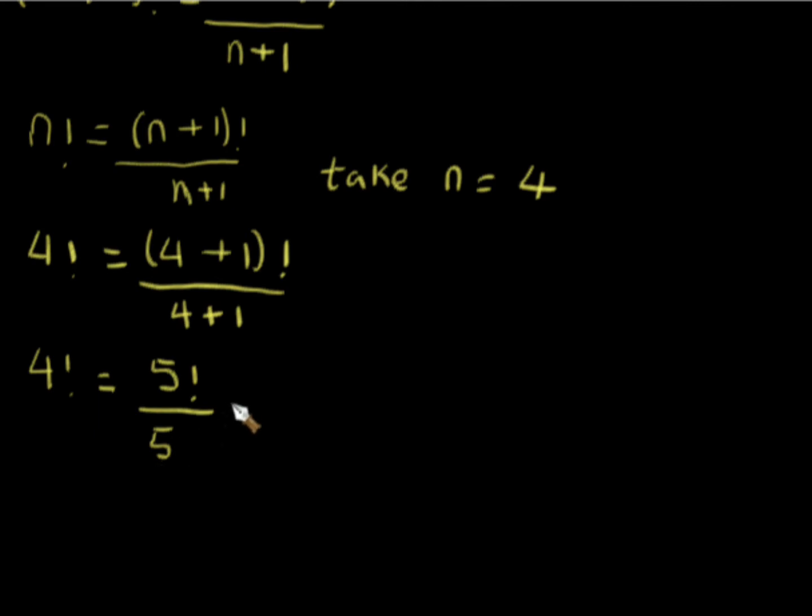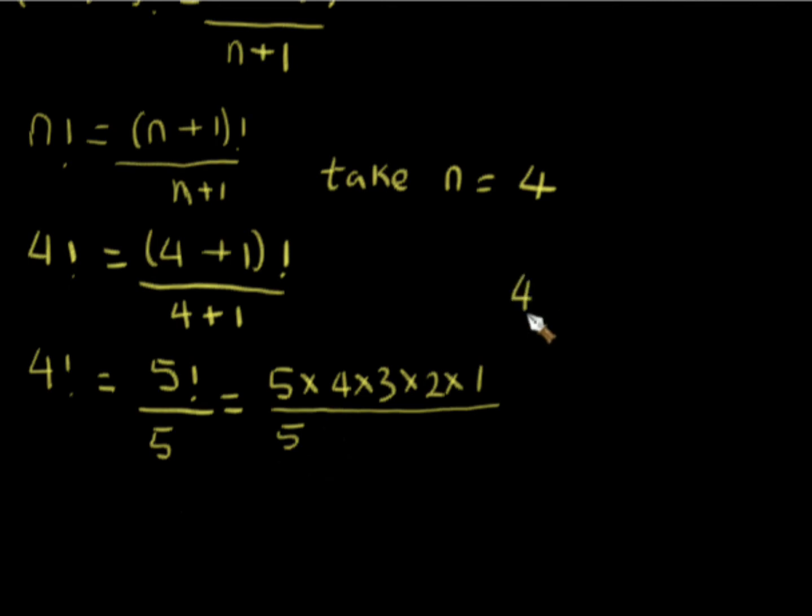So if we open this up, this would leave us with 5 times 4 times 3 times 2 times 1 divided by 5, right? And mind you, remember from the last video I told you that according to our general formula, 4 factorial should give us, we start multiplying from 4 down till we get to 1, right? 4 times 3 times 2 times 1.